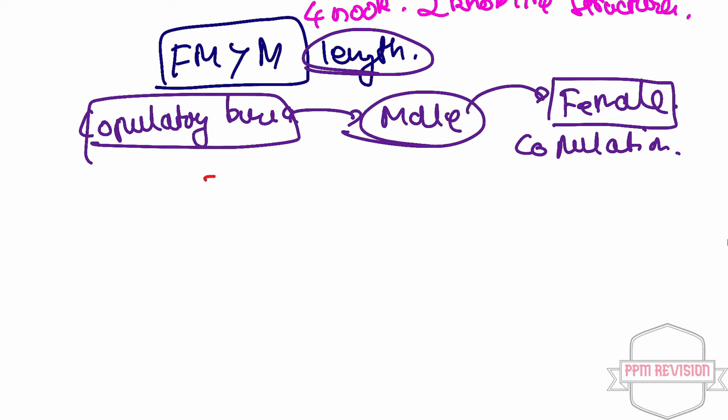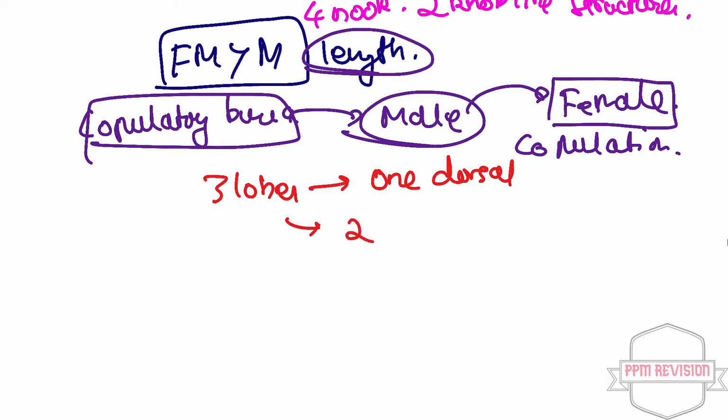One is dorsal and the next 2 are ventral or lateral lobes. Each lobe is supported by chitinous rays.